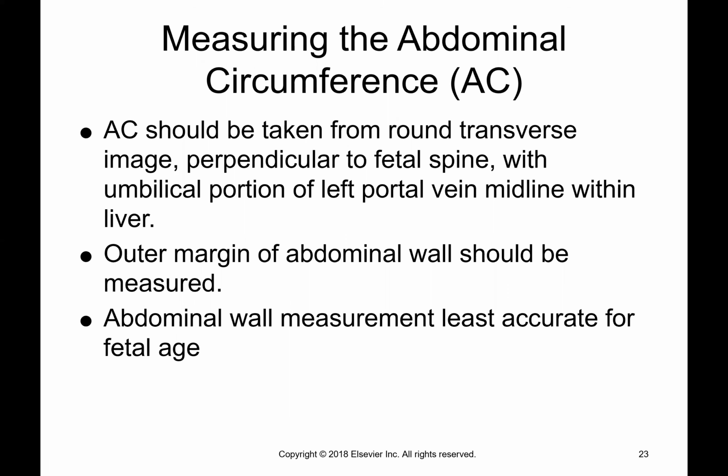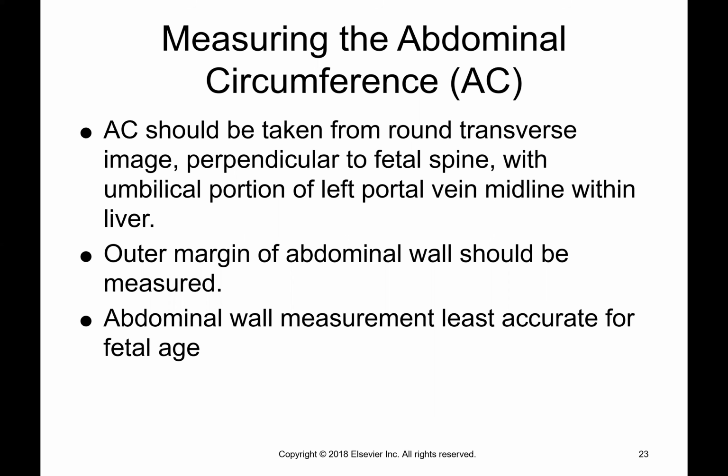Okay, so far we have the biparietal diameter and the head circumference. The next thing that you're going to measure is abdominal circumference. And basically this is like taking the baby's waist and putting a belt around it. The abdominal circumference should be taken from the round transverse image, and these are your landmarks: perpendicular to the spine, and the umbilical portion of the left portal vein within the liver.